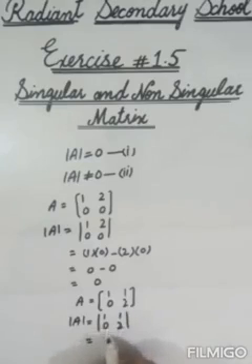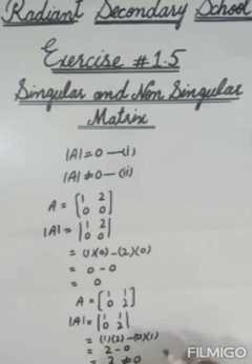Now by taking the determinant, and by solving it, it is equal to 1 into 2 minus 0 into 1, and finally the answer is 2 minus 0, and the answer is 2, which is not equal to 0. So the matrix A is non-singular.